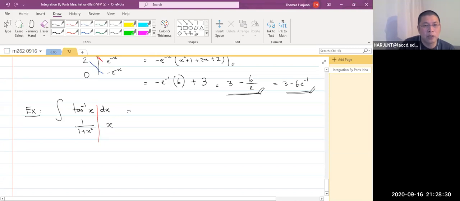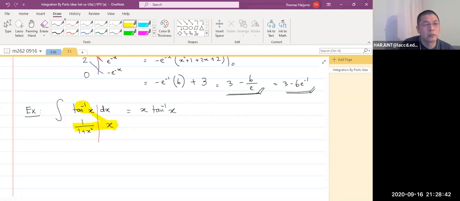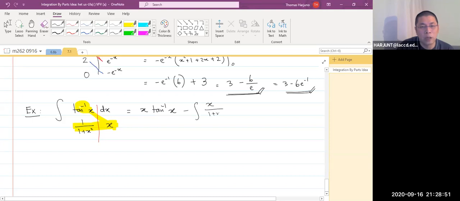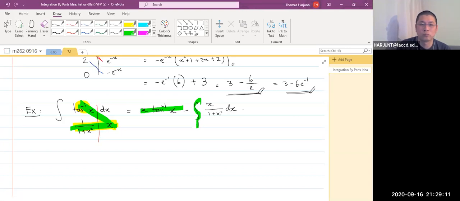This means this is x tangent inverse x, the product of this, minus the integral of x over 1 plus x squared dx. Do you see the structure? If you go diagonally down, no integral sign. If you go horizontal way, you have integral sign.